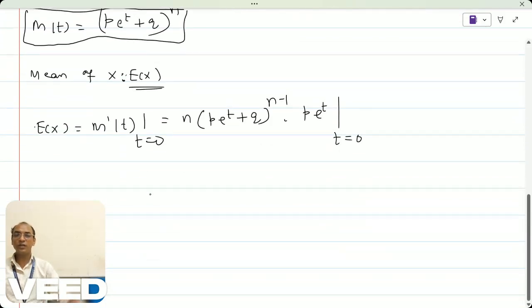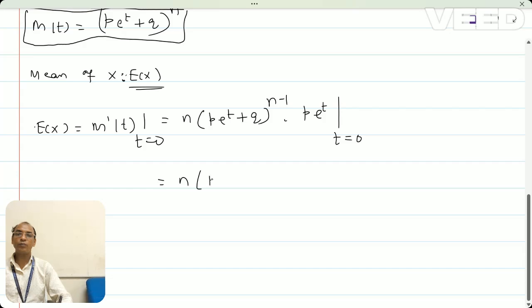So if I put t equal to 0, what will happen? n into p e to the power 0 is 1, p plus q to the power n minus 1, and here e to the power 0 is 1, so it will be p. And finally p plus q is 1, so 1 to the power n minus 1 is 1, and I will get np.